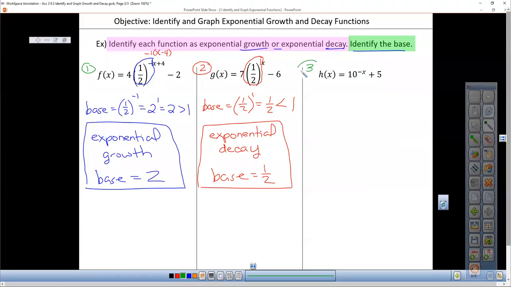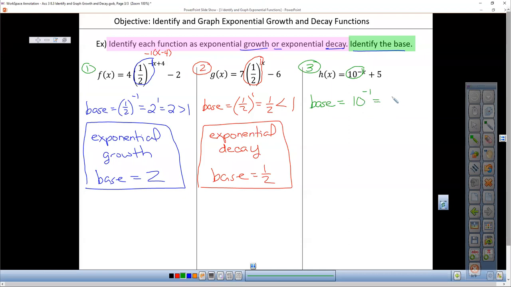So in our third one, h of x, again, our base is b to the power of c, where c is the coefficient of x. The coefficient of x here is -1. So we're looking at our base here being 10 to the power of -1. Again, anything to the negative exponent is a reciprocal power.